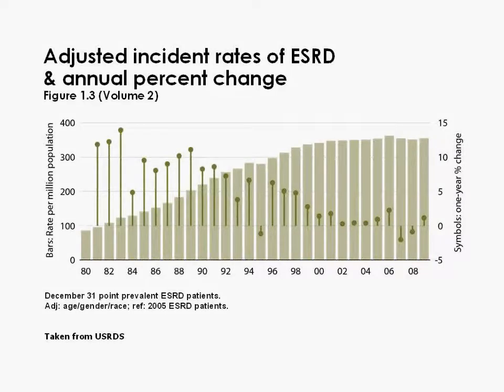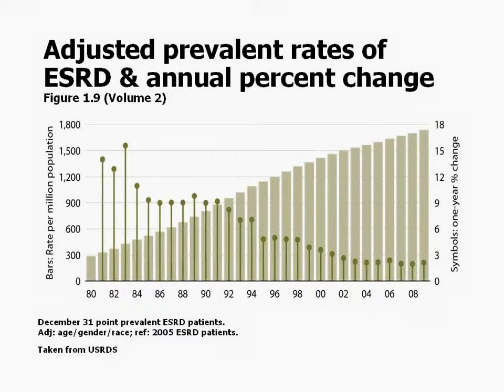The annual number of incident patients, or patients new to ESRD, shown by the bars, has increased steadily since 1980. The percent increase per year, shown by the vertical lines, has actually decreased steadily and leveled off for several years. The same has occurred in the number of prevalent or existing patients on renal replacement therapy.